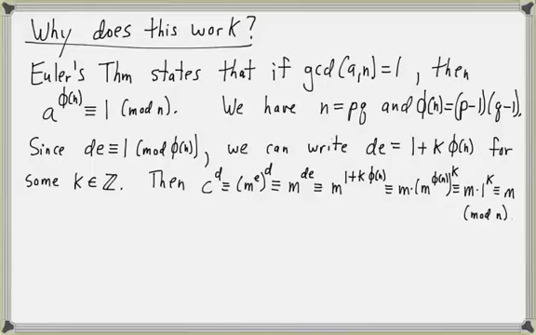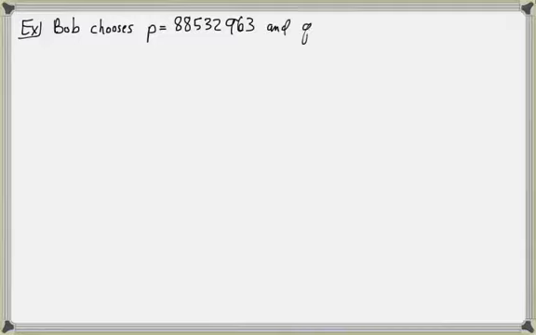So now let's see an example of the RSA algorithm. So Bob chooses his prime numbers. P will be the prime number 885320963, and Q will be the prime number 238855417.